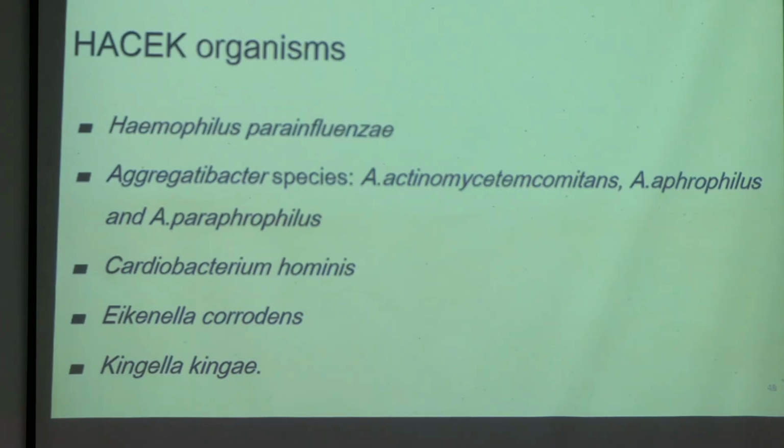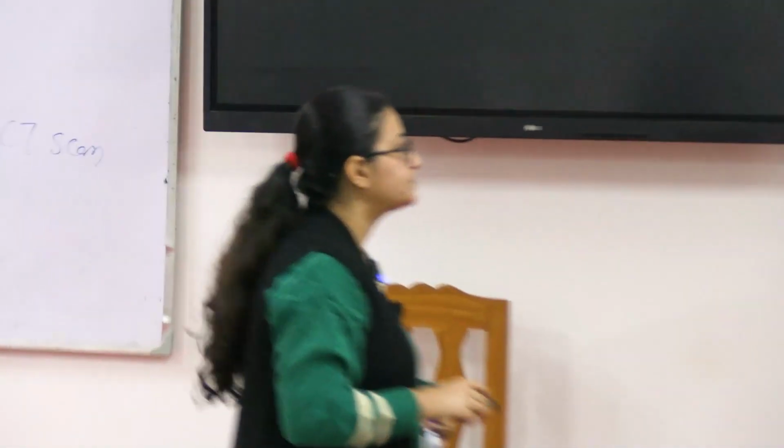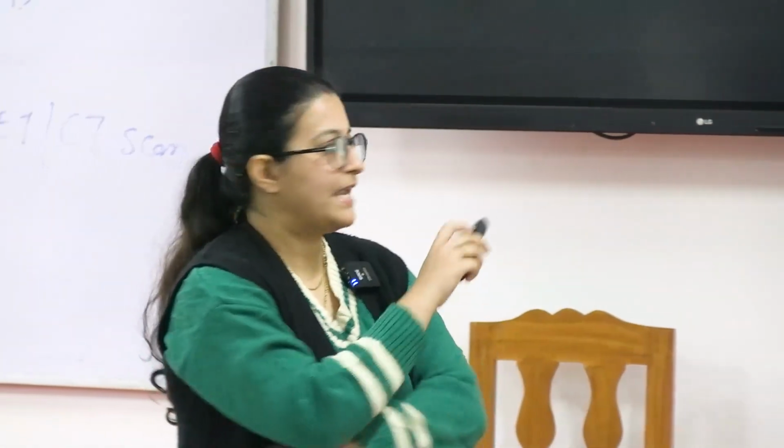C is for Cardiobacterium hominis. E is for Eikenella corrodens and K is for Kingella kingae. So you have to know these 5 names. Like ESCAPE pathogens, HSEC is a short form. You have to know these 5 names.